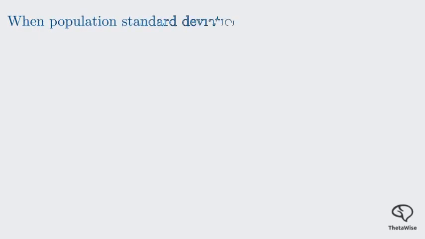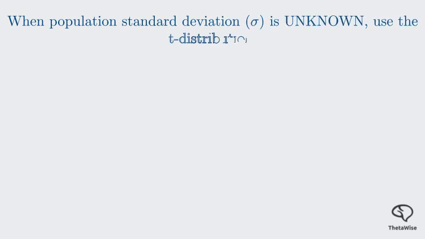Now let's talk about the distribution we use. When the population standard deviation is known, we use the z-distribution. But in biostatistics, we rarely know the population standard deviation. Instead, we have to estimate it using the sample standard deviation. When we do this, we introduce more uncertainty, and the appropriate distribution to use is the t-distribution. The t-distribution is similar to the z-distribution, but it's wider and has heavier tails.